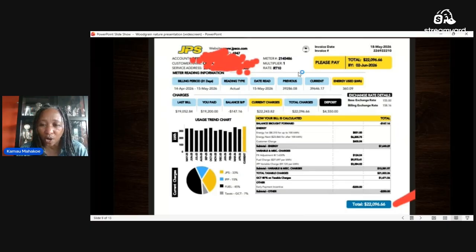So for them to work out the energy used, they would subtract the previous from the current to get the difference, and that's how much light you burned in kilowatts. So kWh, kilowatt hours.